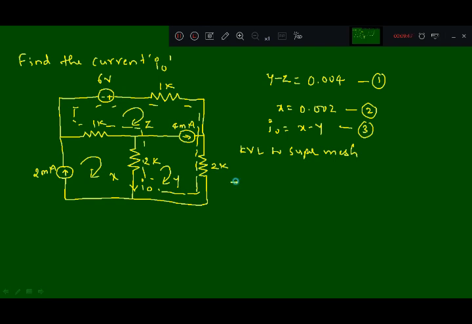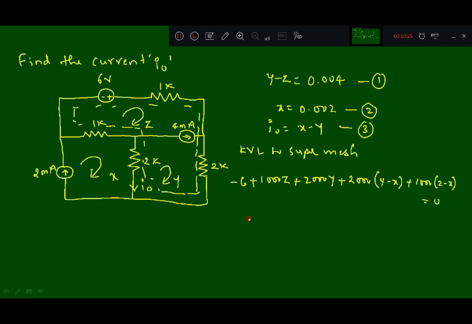Start with the minus 6, then plus 1000 z plus 2000 y plus 2000 y minus x, then plus 1000 z minus x is equal to 0.